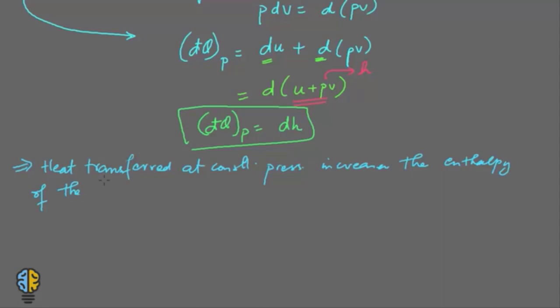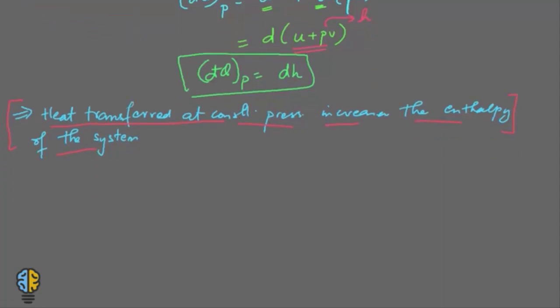Alright, now what happens when you transfer heat at constant volume? It increases the internal energy of the system. Alright, so this is something worth noting down and worth remembering. So heat transferred at constant pressure increases the enthalpy of the system.